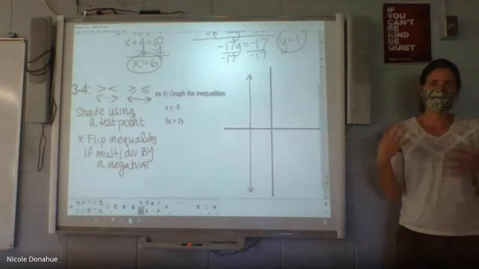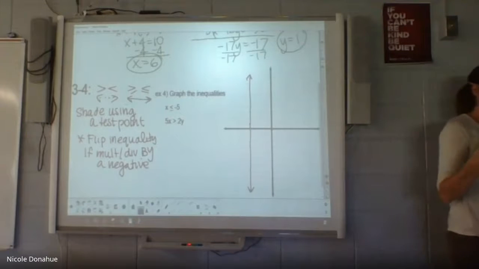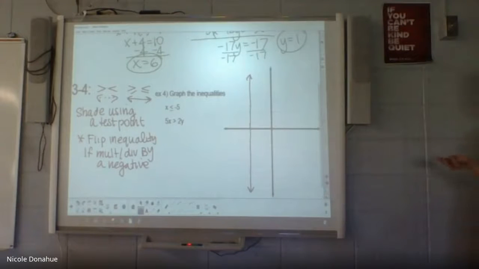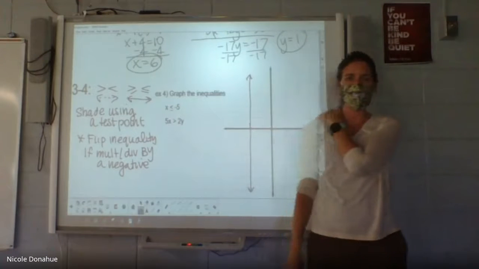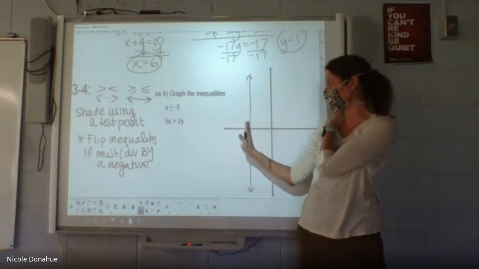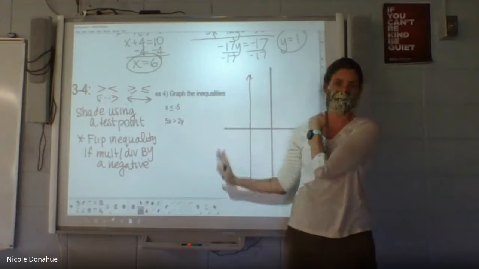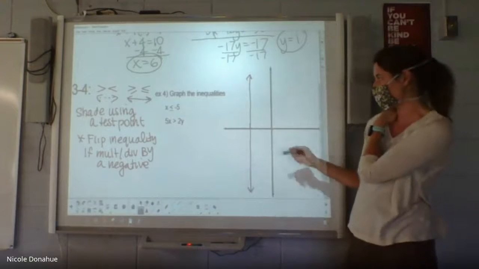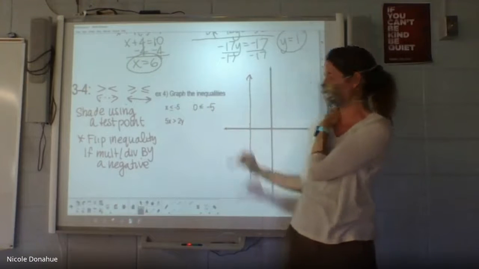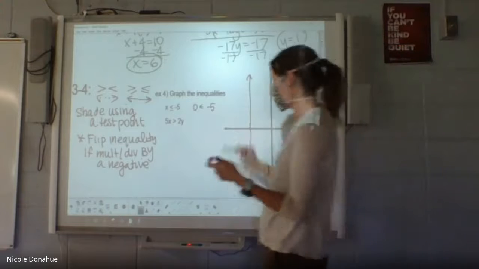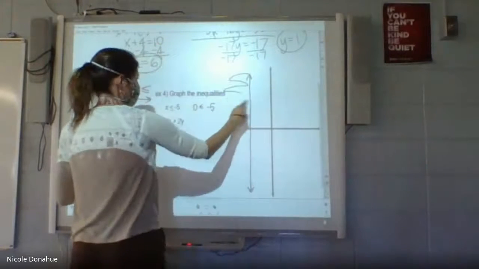Now, again, as we're doing more and more of these inequalities, maybe you're starting to get a little bit better at testing this. But I can kind of read this as x is less than -5, so I'm going to go less than -5, which less would be left. Now, if you wanted to test a point, you could. You could test 0. 0 is not less than -5, so that's how I know I have to color over here.